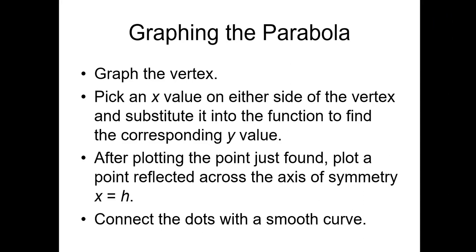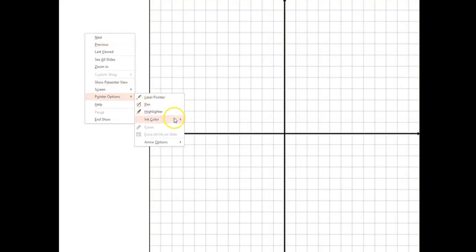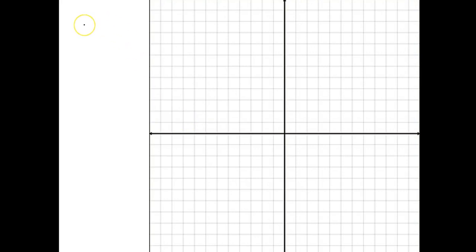So let's go ahead and do that. Starting with f of x equals x squared plus 6x plus 5. That was the first one that we completed the square on.